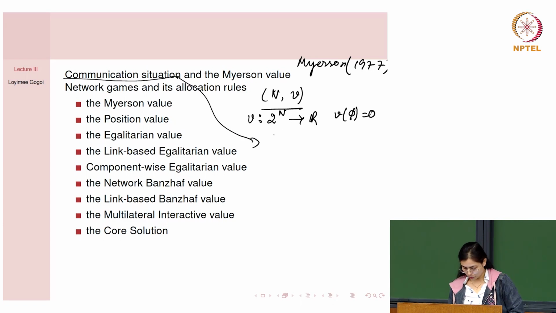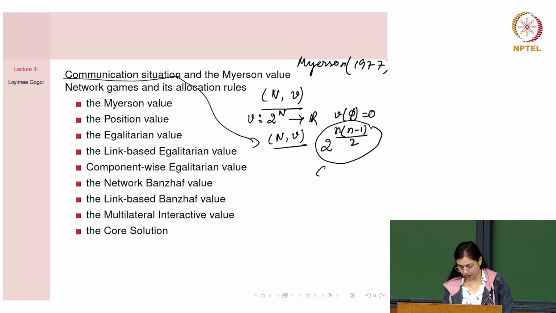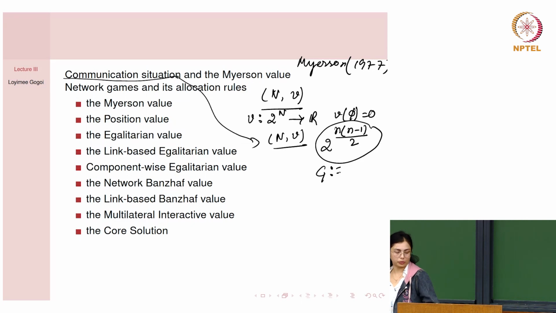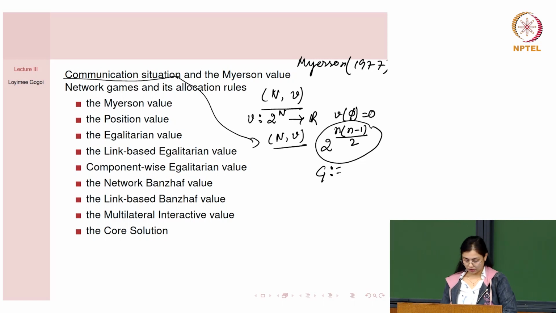So then, what is the communication situation? For each cooperative game, we can have a number of graphs on N. G is the class of all graphs on N, where small n is the cardinality of the players, the number of players in that set.